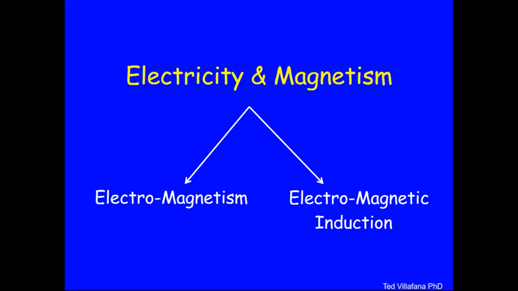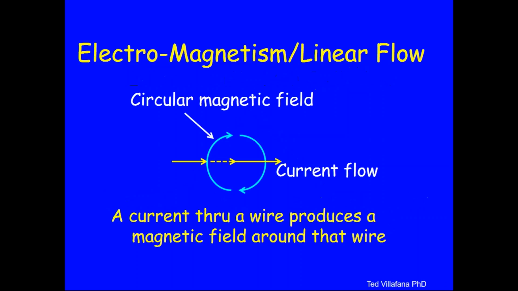Well, let's look at some of the basics of electricity and magnetism, electromagnetism and electromagnetic induction. Let's look at electromagnetism. What does that tell us? It tells us, as shown in this slide, that if you have a current given by the yellow arrow here, as an electron flows through space, whether it's space or in a wire, there'll be a magnetic field around that wire. Any electron moving always has a magnetic field around it.